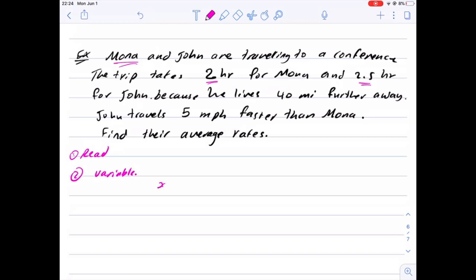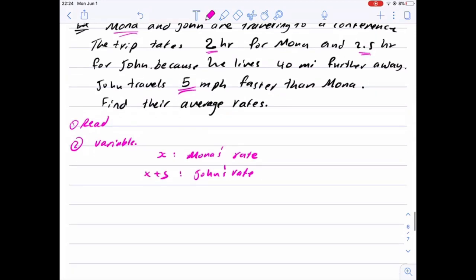So that means we denote by x Mona's rate. So we usually use x for the smaller quantity. And if x is Mona's rate, John's rate will be 5 more than Mona's rate. So it's x plus 5.